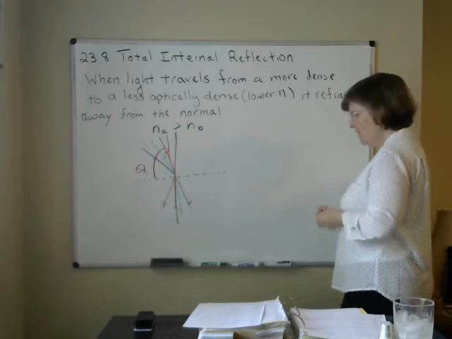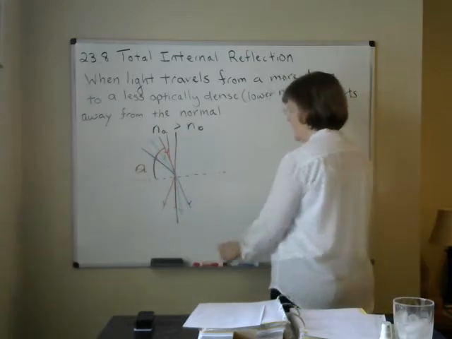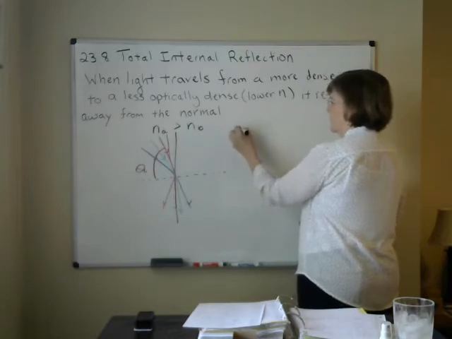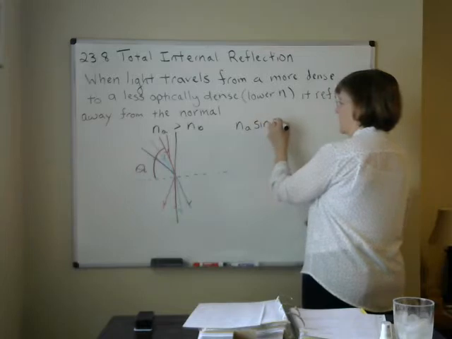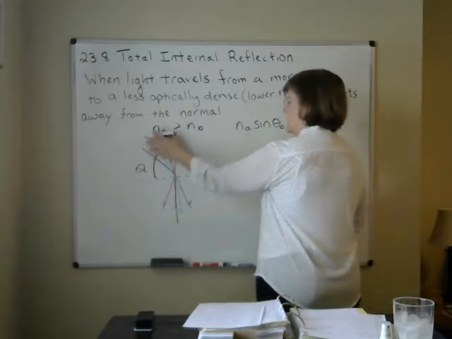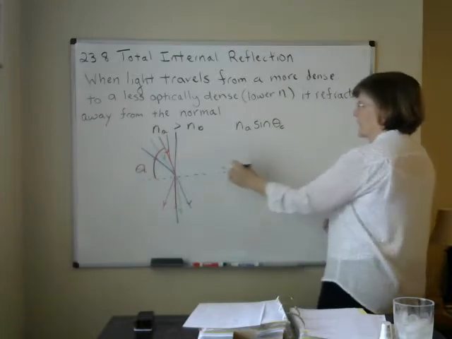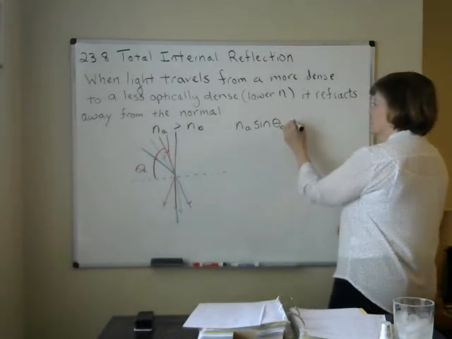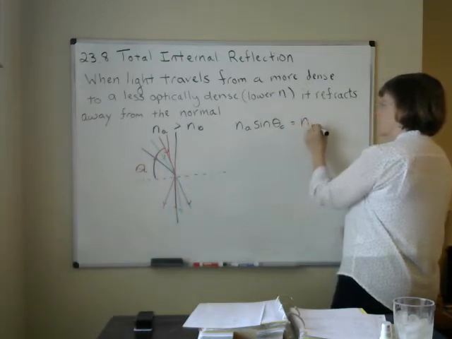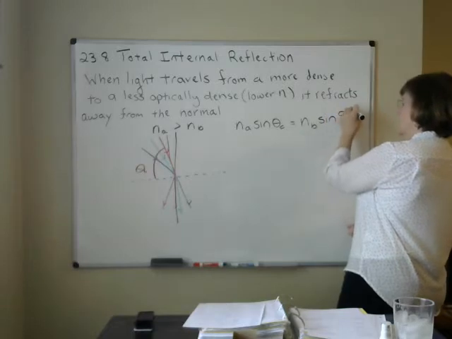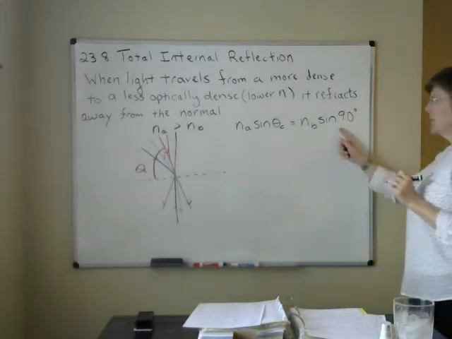Okay? Mathematically, this is really pretty simple. NA sine theta critical. So we're starting in this dense, high index of refraction material. The critical angle, theta critical, occurs when NB equals sine 90.